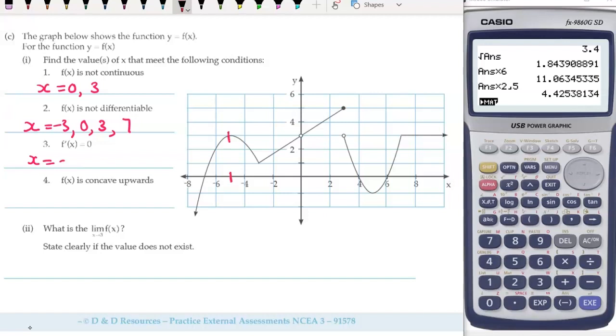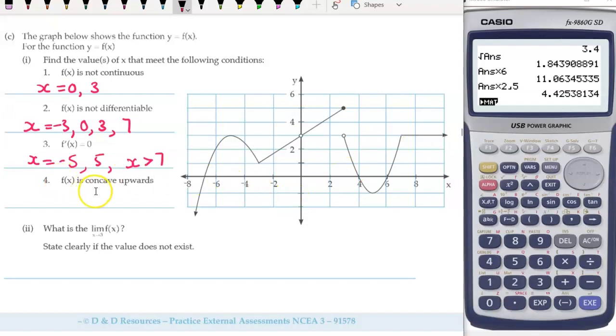That's at minus 5. Sorry for that. So then our next one where our gradient is equal to 0 is the minimum down here. That's at x equals 5. And then we also have this line here. The whole of that is horizontal, so it has a gradient of 0. So we also have it when x is more than 7, which is the start of that line.